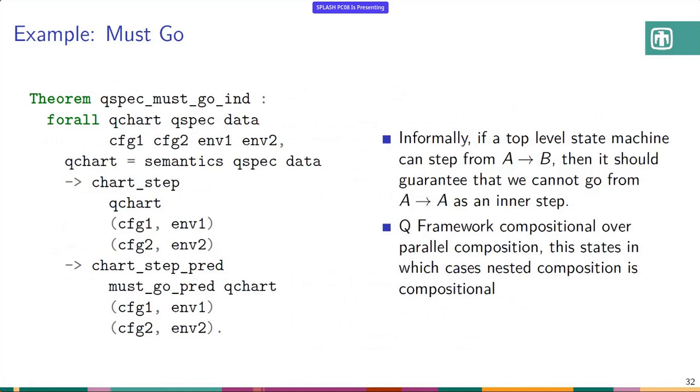This is the restriction in order to get nesting, which doesn't hold in all state machines, but this is one example of some useful result we can get. As I briefly mentioned, this Q framework is compositional over parallel composition. This is a simpler notion, but then this is the case in which nested composition is compositional. It's a weird way to write it.